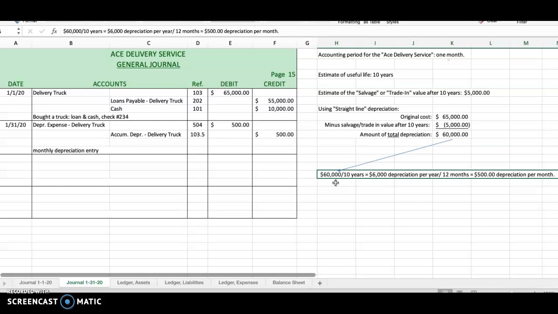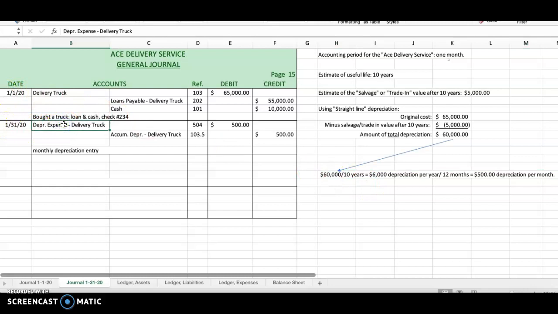And once again, because we have a monthly accounting period, we divide that 6,000 by 12. That means we will have $500 of depreciation per month. Every month, this truck will decline in value by $500. That's what we have to account for. So the entry is done on the journal.